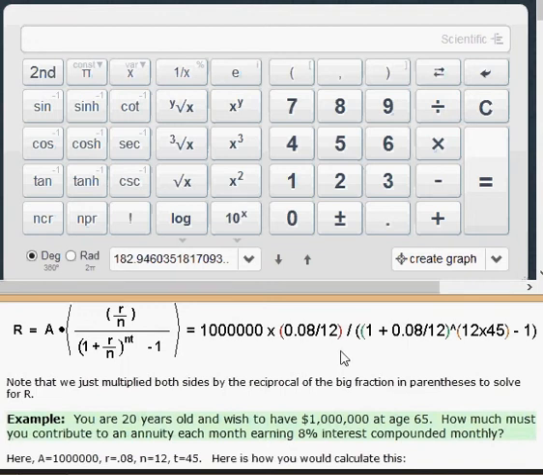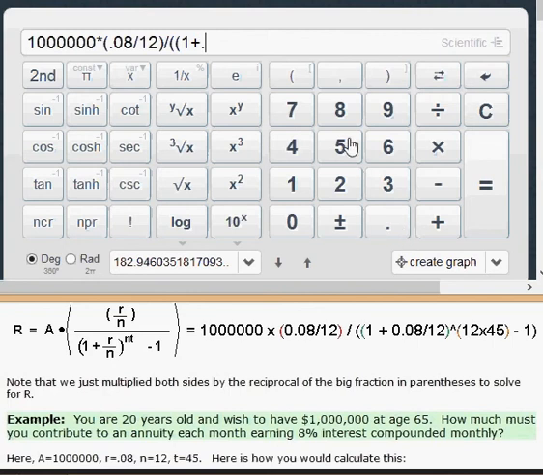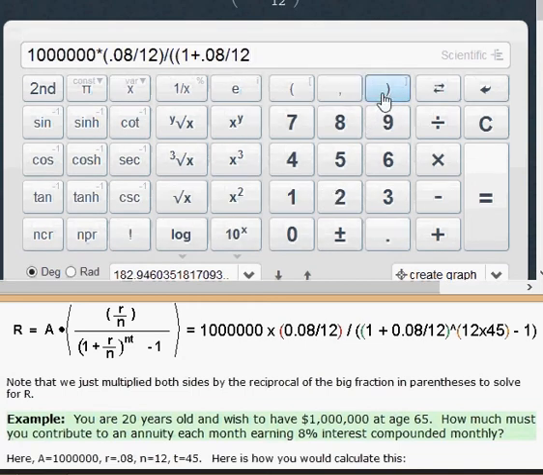So I'm going to enter what I've written down here, just as I've written down, 1 million times left parentheses 0.08 divide by 12 right parentheses, and then divide by, and then I need two parentheses, 1 plus 0.08 divide by 12 right parentheses.